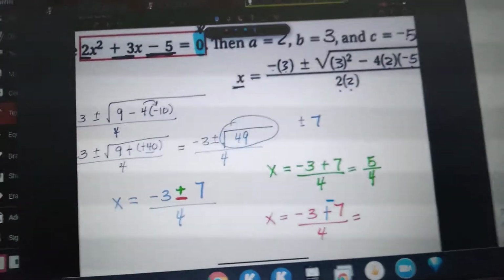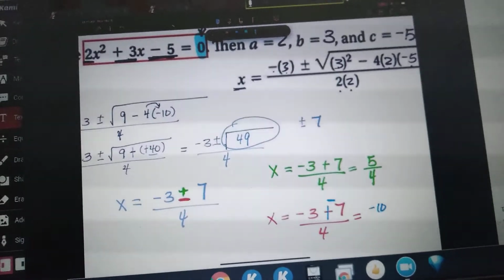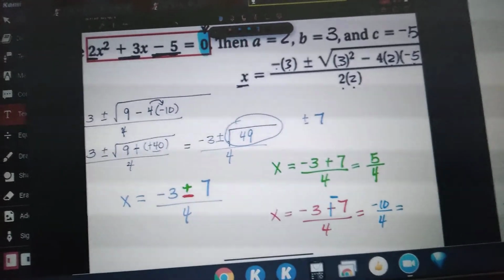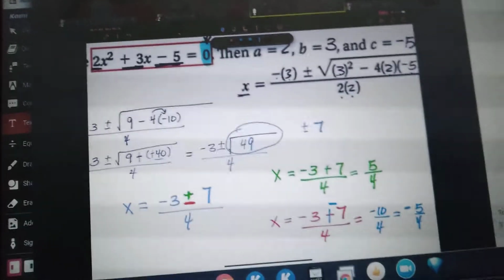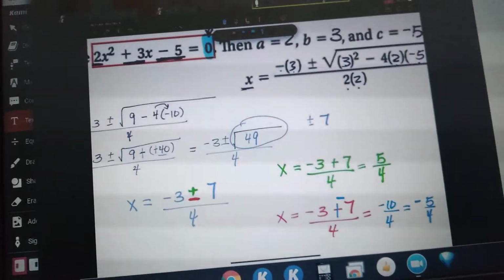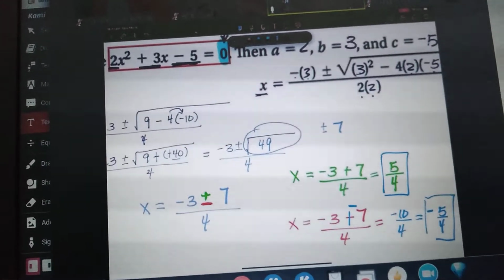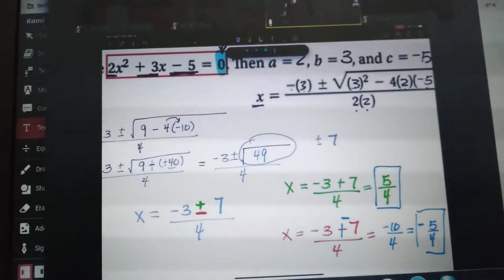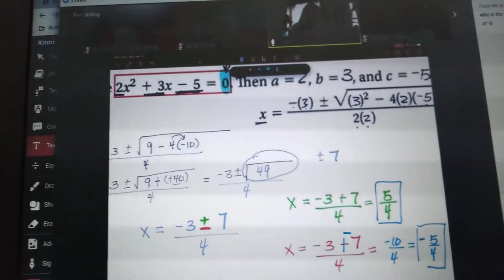That gives me negative 10 over 4, which is equal to negative 5/4. Everybody understand? Good. So here are my two answers. One is positive, the other one is negative. Everybody understand?